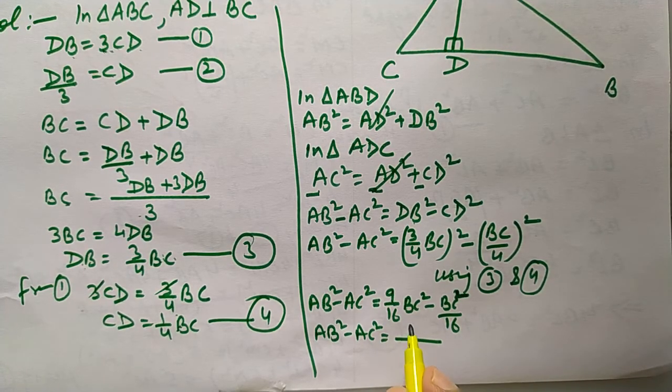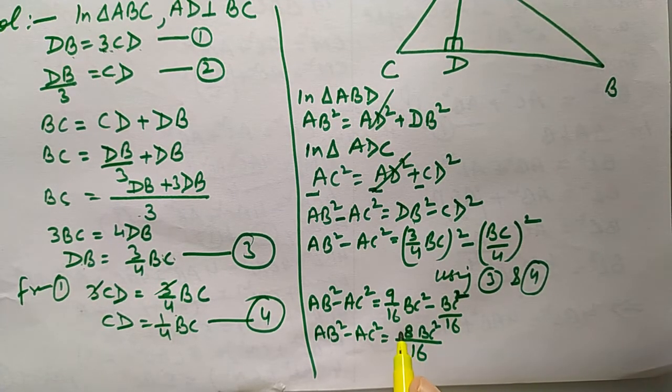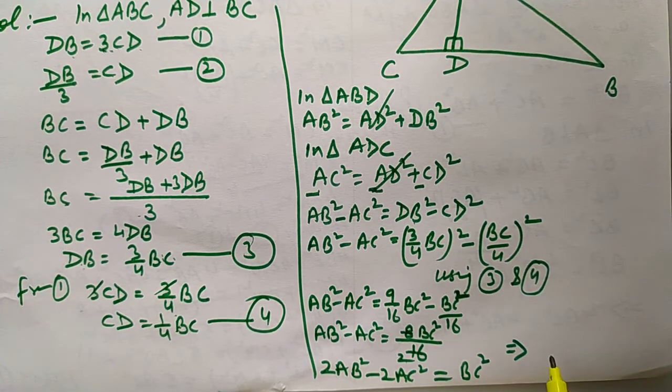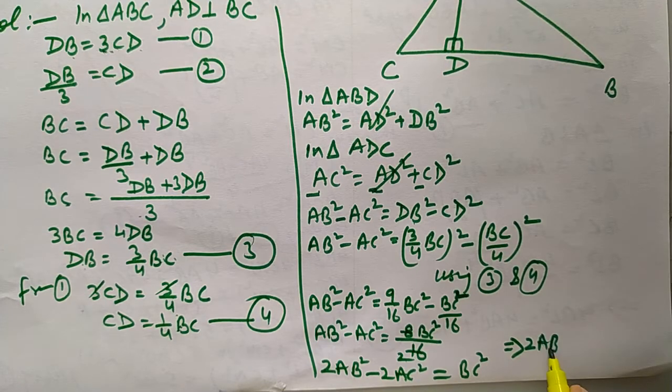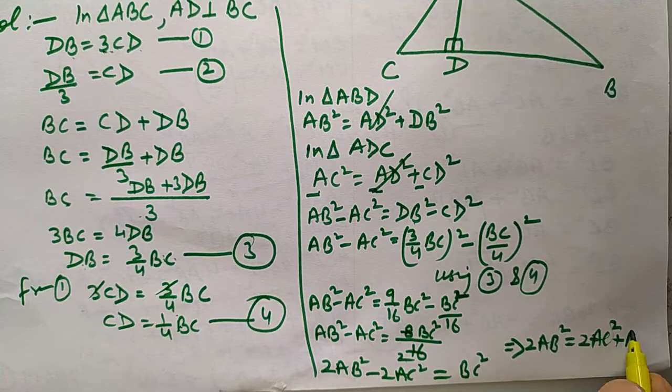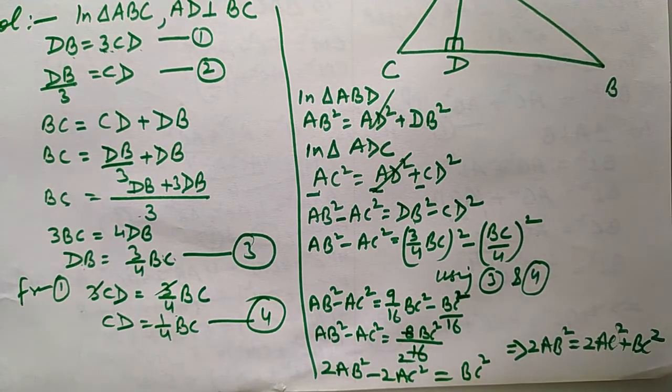It will be 8 BC square over 16. So you can cancel; 8 ones are 8, 8 twos are 16. So 2 will be there. So cross multiply, it becomes 2AB square minus 2AC square is equal to BC square. If you transpose AC to the other side, you'll get 2AB square is equal to 2AC square plus BC square. So this way we will find this question.